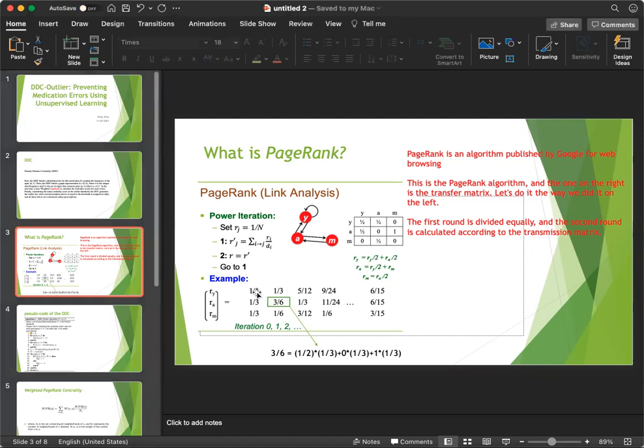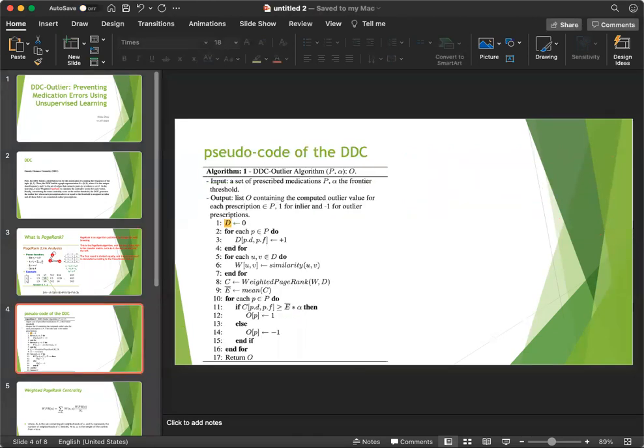For example, in the first iteration, all the probabilities are the same, and in the second iteration, we will combine with the transfer matrix to calculate, like how do we calculate this 3, 6, and we will use the transfer matrix.